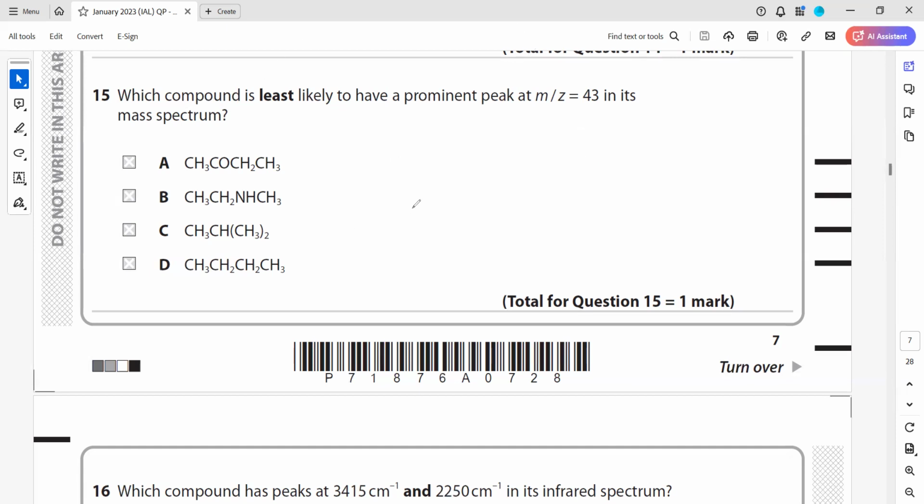If we check the third one, which is CH3, CH, and then CH3, so what are the possible fragments? This will be 15. This will be 14. This will be 15. This will be 15. So 14 plus 15 plus 14, 29. 29 plus 15, that will make 44.